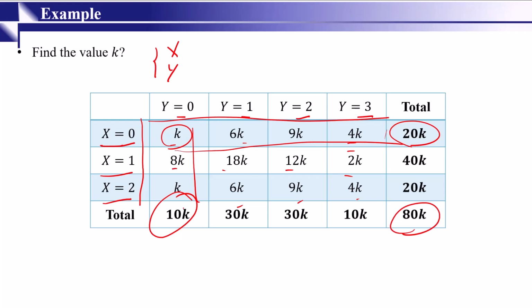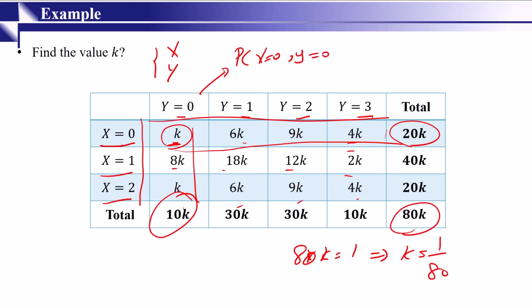The sum of all probabilities must be 1. So we can say 80k is equal to 1, so k is equal to 1 by 80. So here, the probability of x equal to 0 and y equal to 0 at the same time is 1 by 80.